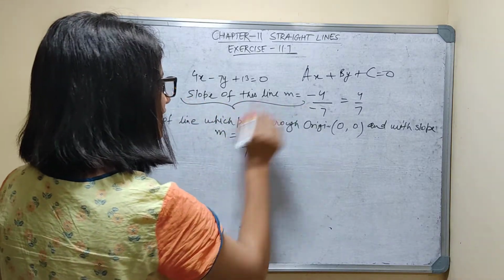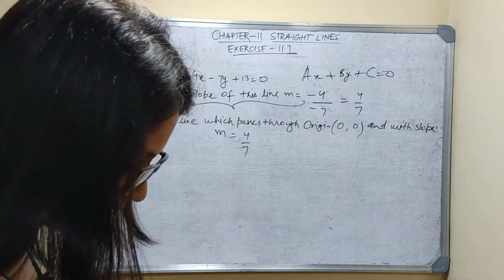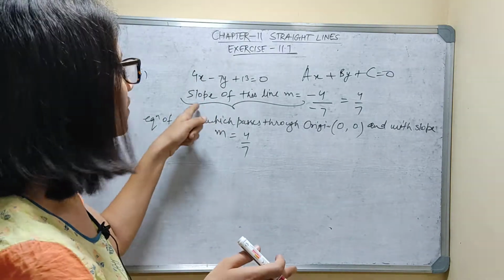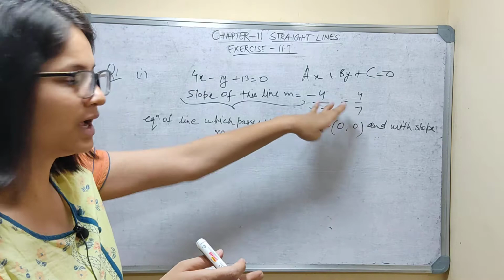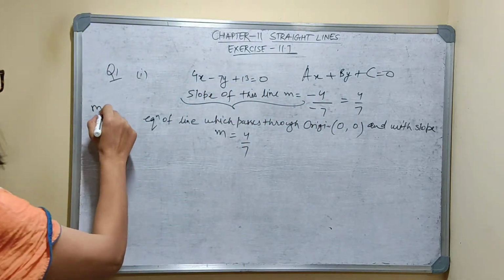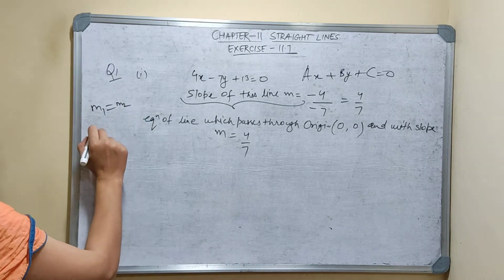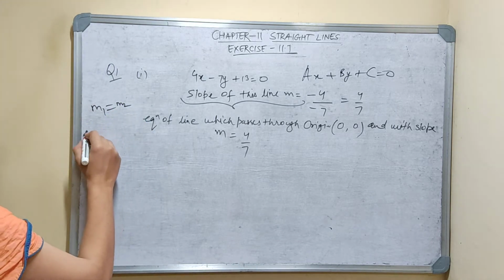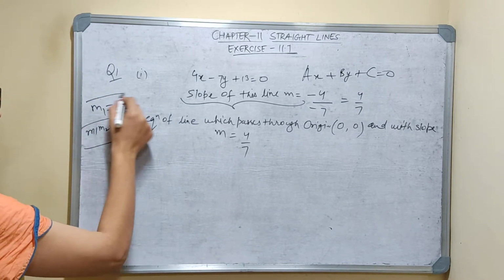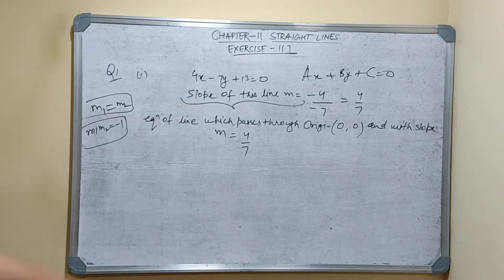Why am I taking this line's slope? Because you have to write the equation of the line which is parallel to this line. So the slope of that line will be the same as the slope of this line, because when lines are parallel, the slopes are equal. And if lines are perpendicular, then m1 m2 is equal to minus 1. Is it clear?